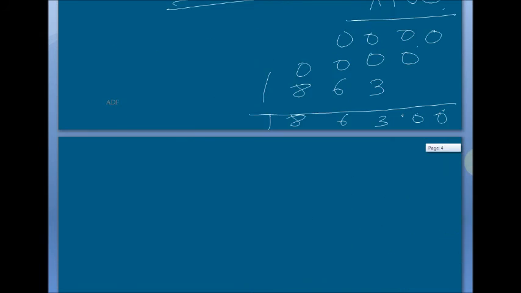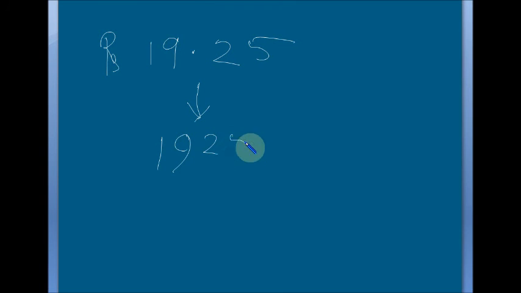This is the short method of converting rupees into paise. For example, 19.25 rupees is equal to how much paise? Directly I will write 1925 paise. I just omit the decimal. This is very short. Omit the decimal and you get the paise.